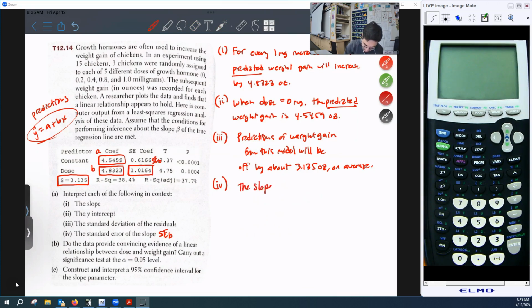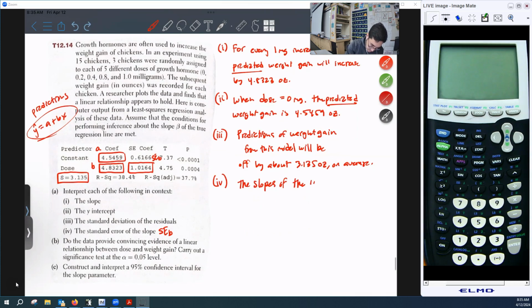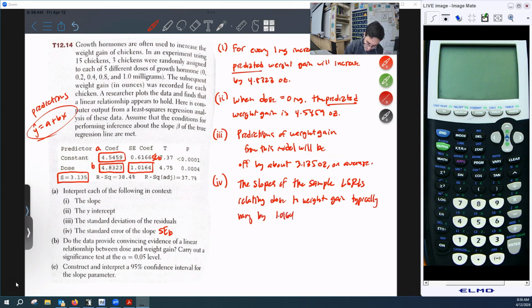So let's say the slopes of the sample LSRLs relating dose to weight gain typically vary by 1.0164.